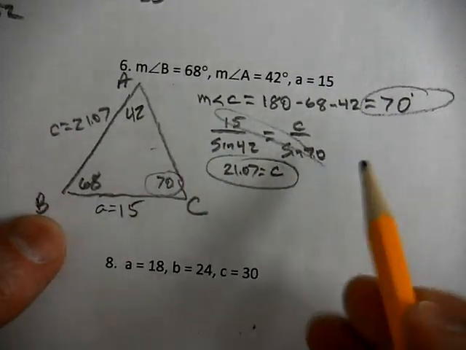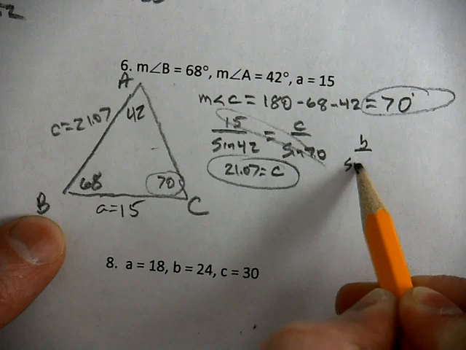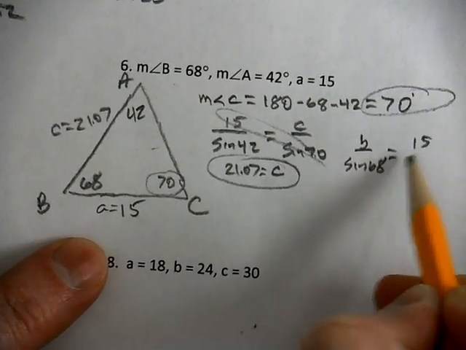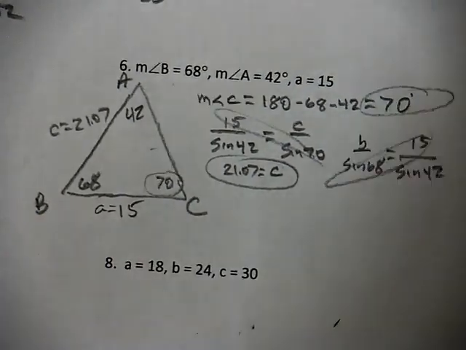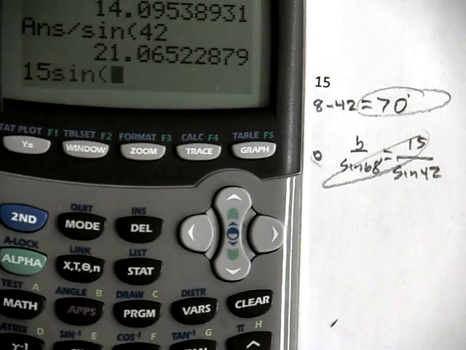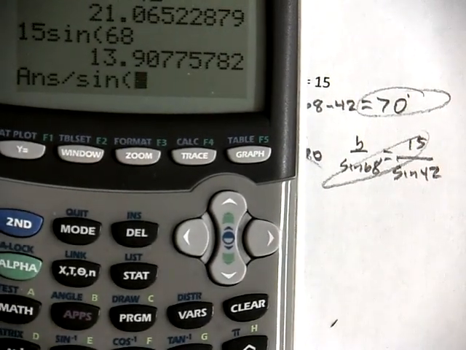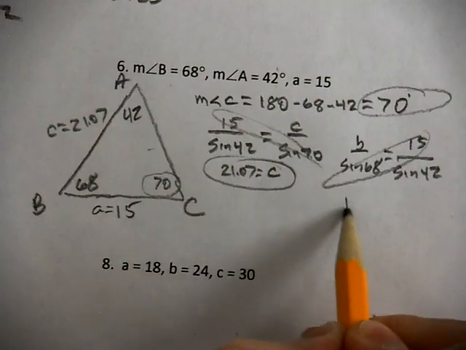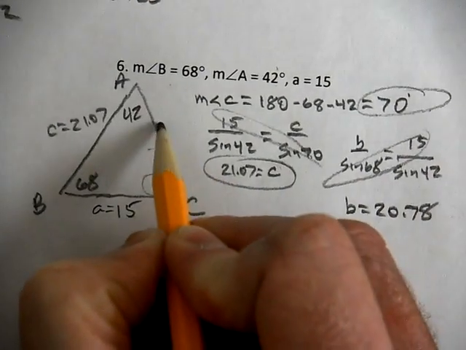And then we have to find the last side, so we've got to do it one more time. So B over the sine of 68 is going to be 15 over the sine of 42. And that's 20.78.